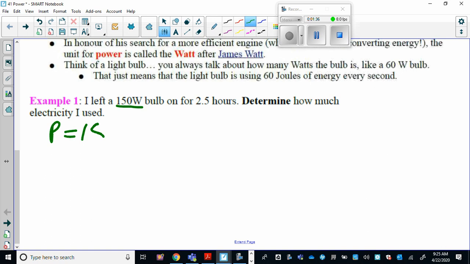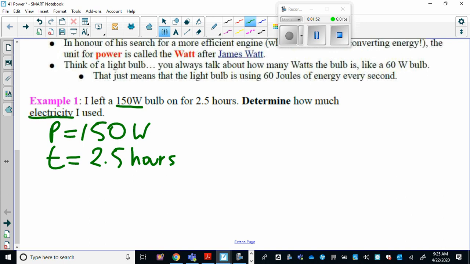So they give you P, and they give you the time that it was on, 2.5 hours, which we're going to have to convert to seconds. And they want you, it says, determine how much electricity I used. They're asking for how much energy or how much work. Okay, so we could put delta E, or we could just put W.